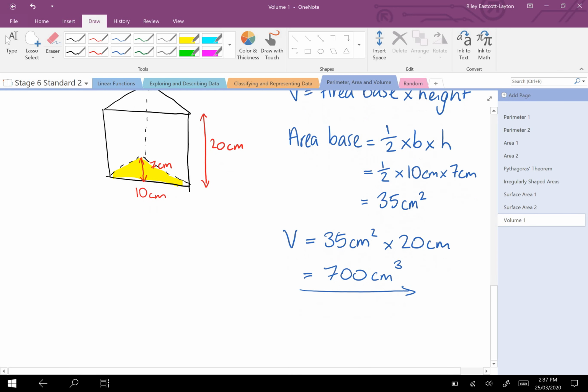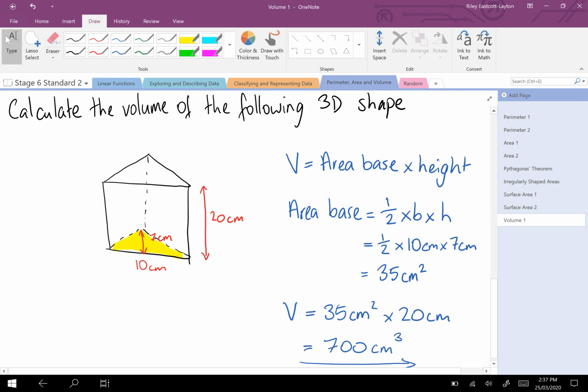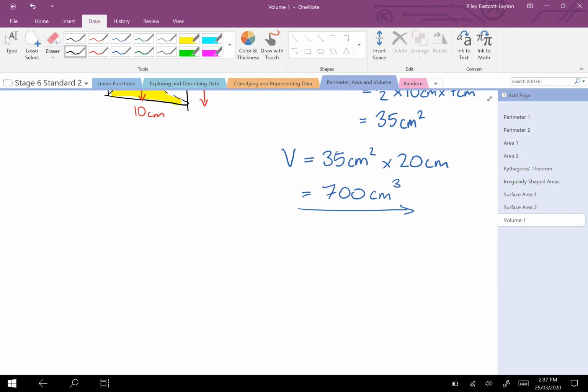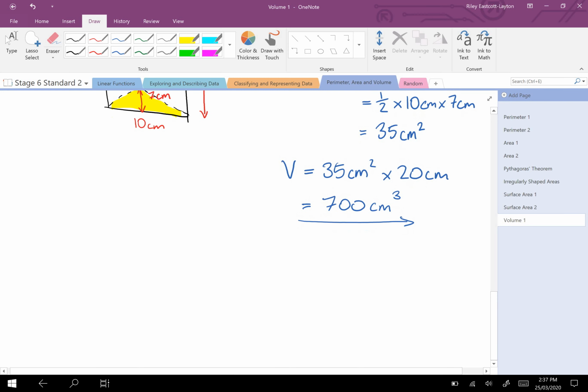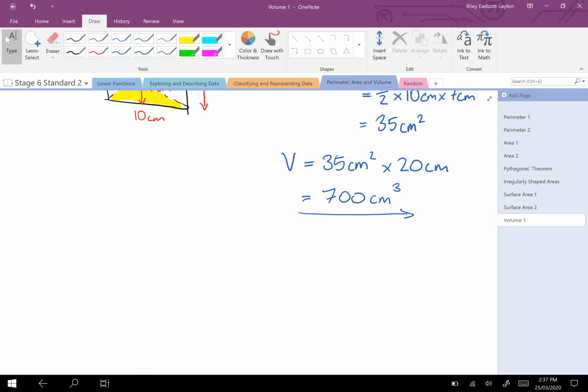Now, I'm going to do another example with you, because what we actually find when we're dealing with cylinders is that the process in which we find the volume of a cylinder is very similar to our prisms. So we've got another worked example.